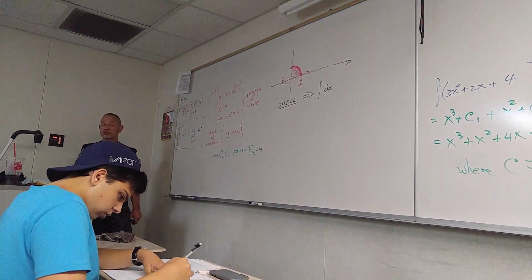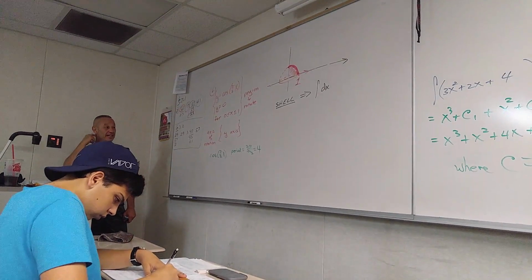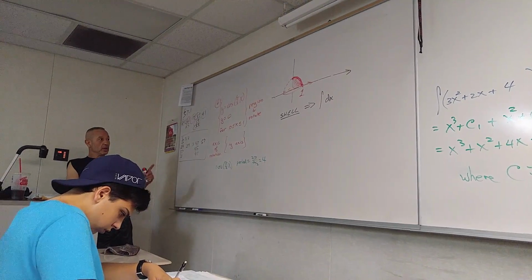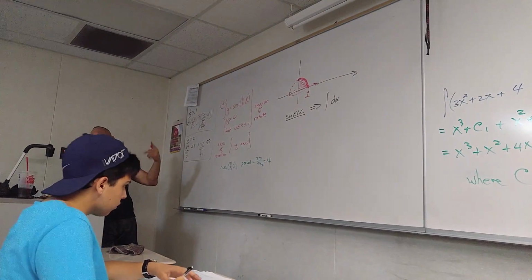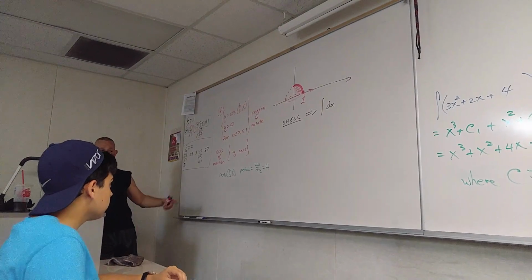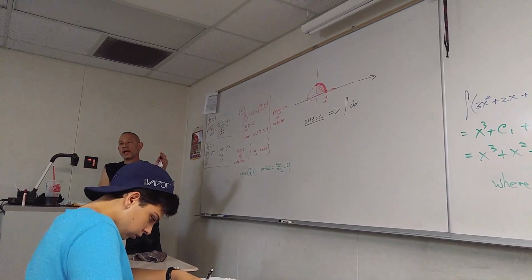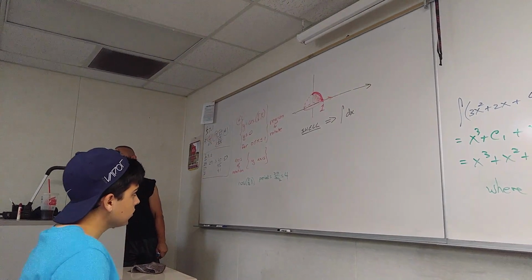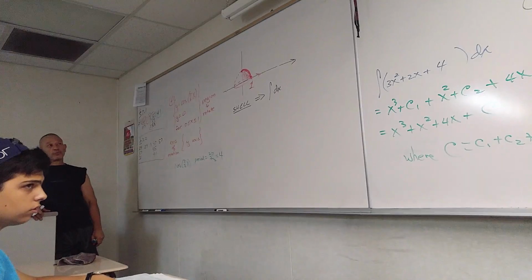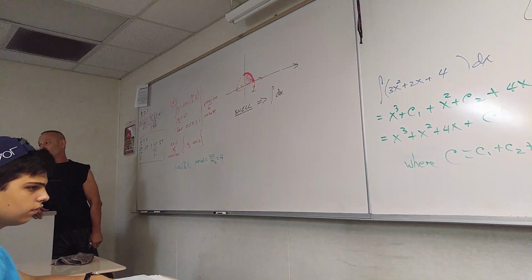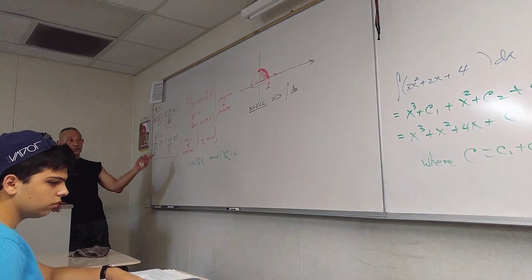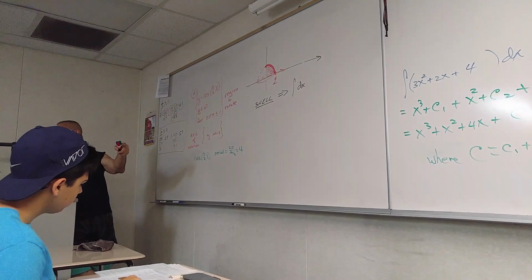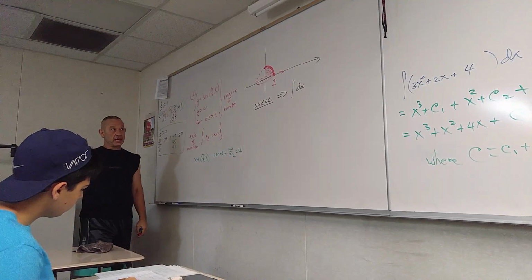The whole point of the shell method is to alleviate the deficiency of the disk and washer method. If you have a vertical axis of rotation, you have to integrate dy. If you have a horizontal axis of rotation, you have to integrate dx. The shell method was invented to overcome that deficiency. It allows us to integrate at right angles to the axis of rotation. So if the axis of rotation is vertical, as is ours, then we must integrate horizontally. So I know it's going to be a dx integral.